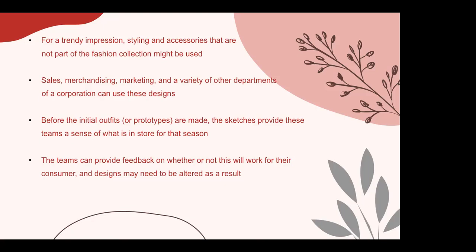So you don't need to spend on sampling every time, to buy a fabric, stitch it and then make a call. You can simply put it on a piece of paper in the form of an illustration and then make a call, okay, this is sellable or not sellable, because you can foresee the garment.